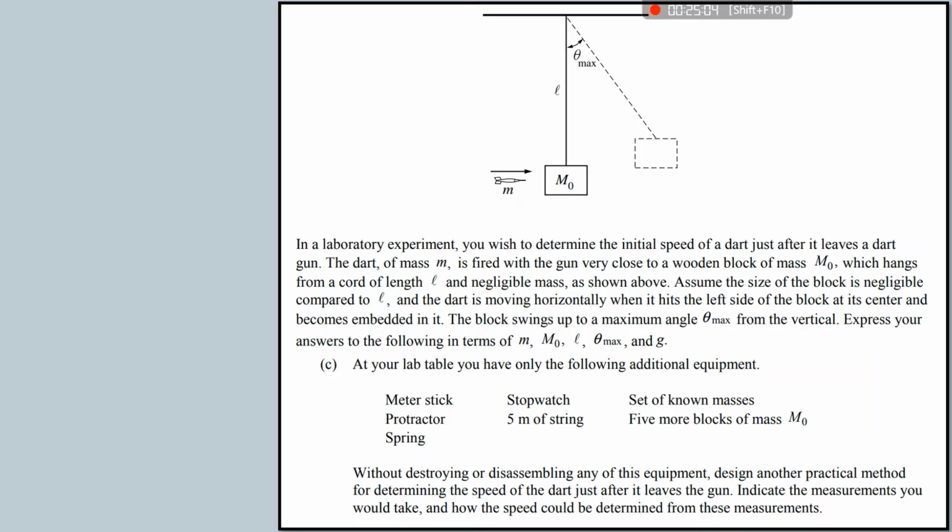Use conservation of momentum, maybe? Conservation of momentum and energy for this system is what we did originally. So we have to do something different, because we have to design another practical method. You can still use momentum and energy equations if you want, but we need a different setup, so it can't be this setup.